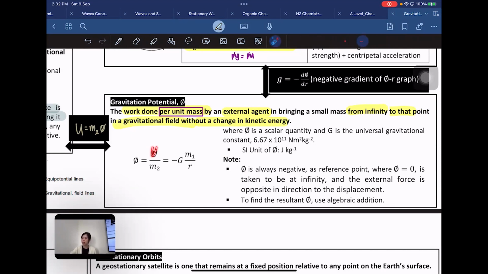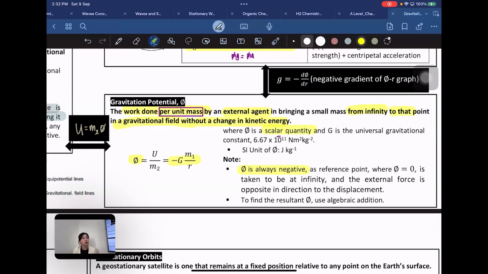This means that I have my potential energy divided by mass m2. So since potential energy is -G m1 m2 over r, then divided by m2, my potential is just -G m1 over r. And since it's a scalar quantity, add a negative sign here. It will always be a negative value because of the fact that it's work done by an external force.